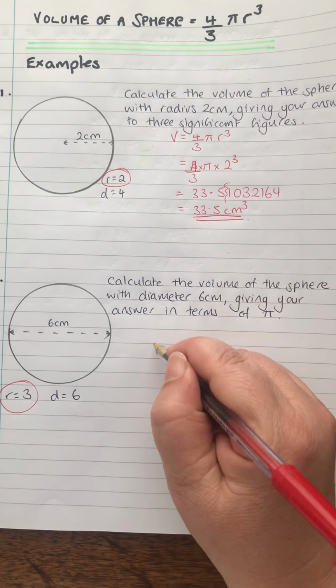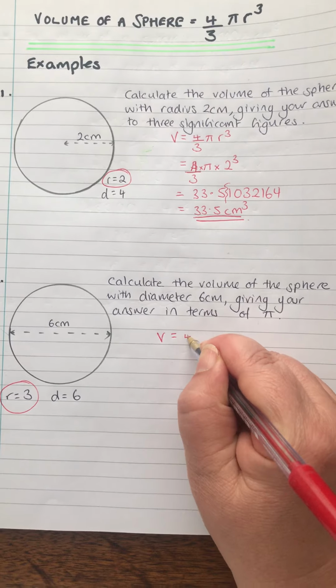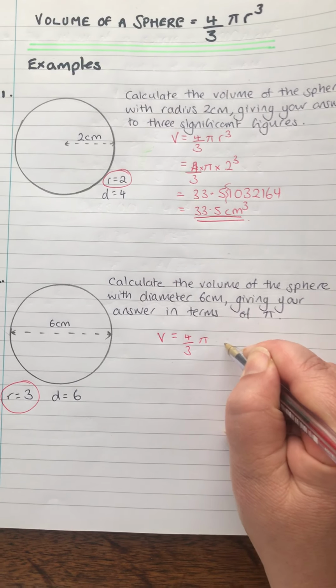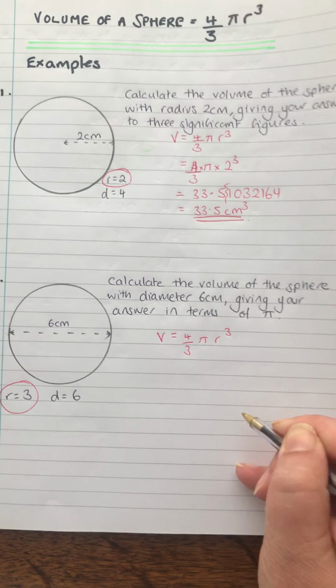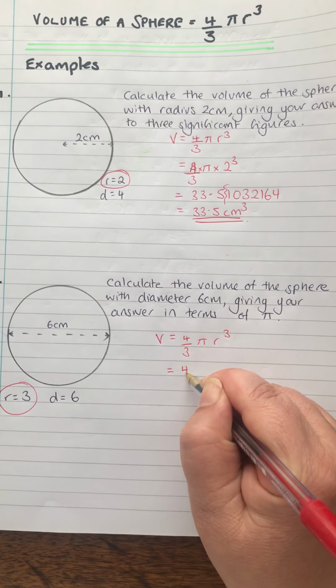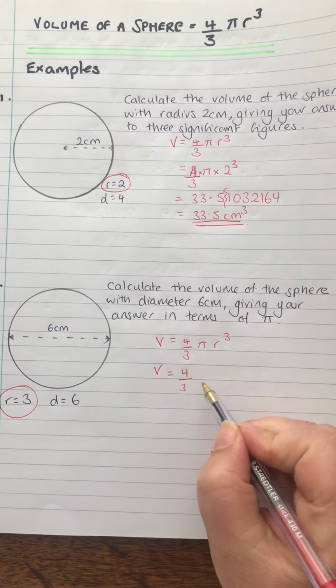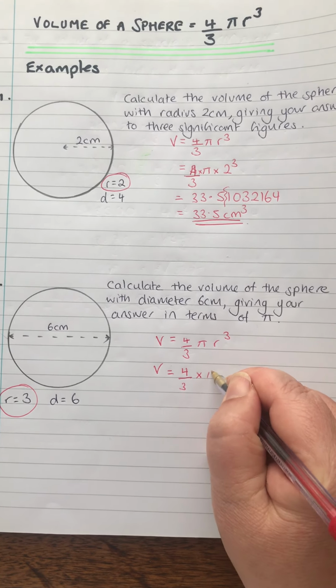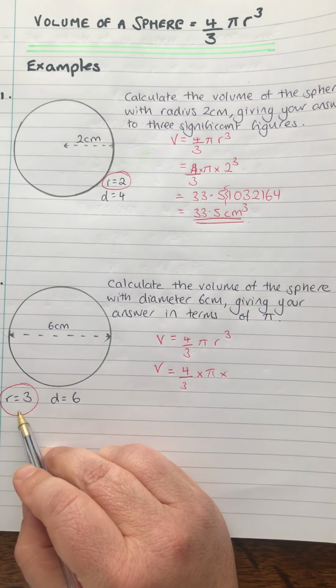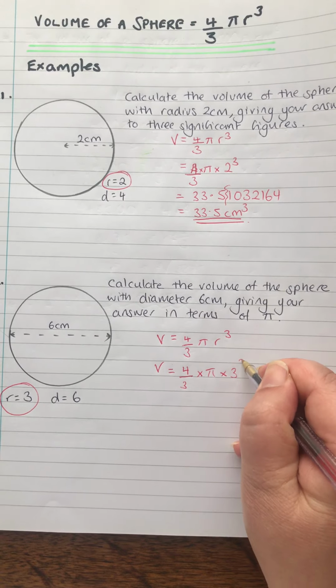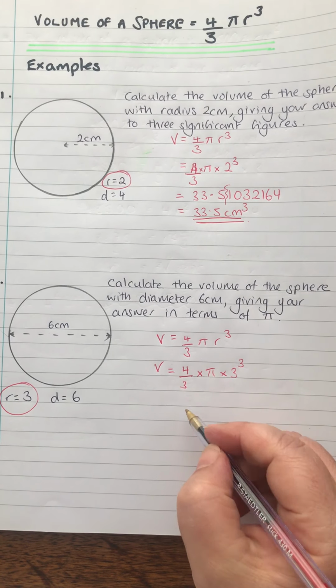So let's start off with the formula. V equals 4/3 pi r cubed. And now we can fill in what we know. V is equal to 4/3 times pi times my radius, 3 cubed.